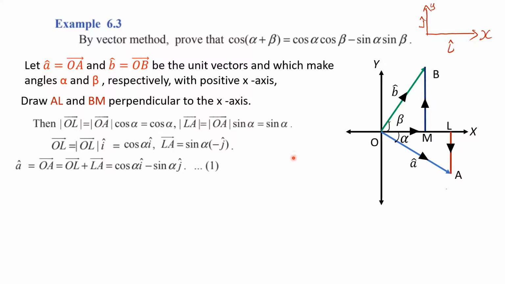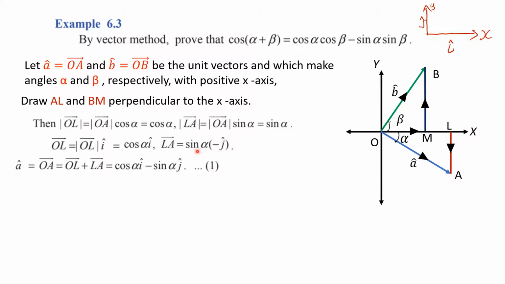Next, our A cap by vector algebra is equal to OL vector plus LA vector. So A cap is equal to OA is equal to OL plus LA. And now let's substitute our OL, which is here, which is cos alpha i cap, and the LA, which is here, which is sin alpha j cap.